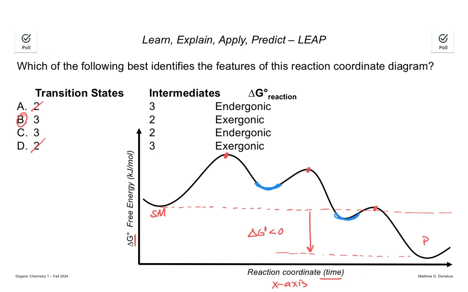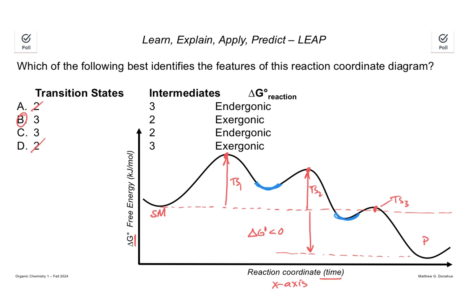The other thing, so there's 3 transition states. And so only one of them will be rate limiting. And so the rate limiting one is the highest one from that line that we drew from the starting material. So that would be transition state 1, transition state 2, and then this little line right there, transition state 3.